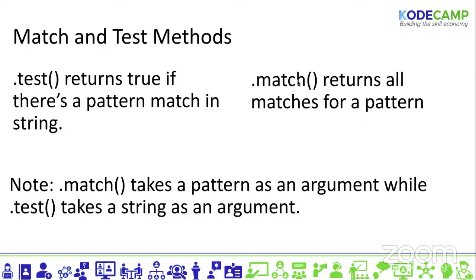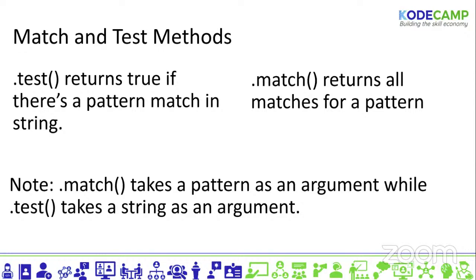So then you use dot match to return all matches for a pattern, and you use match when you're trying to match. Let's say, for example, I search hello in a string, and then I want to see how many times that hello appears in that string.